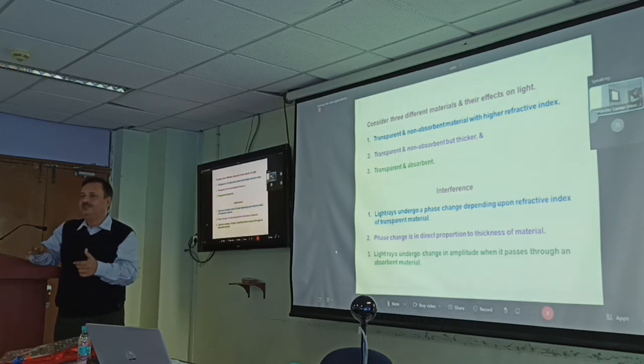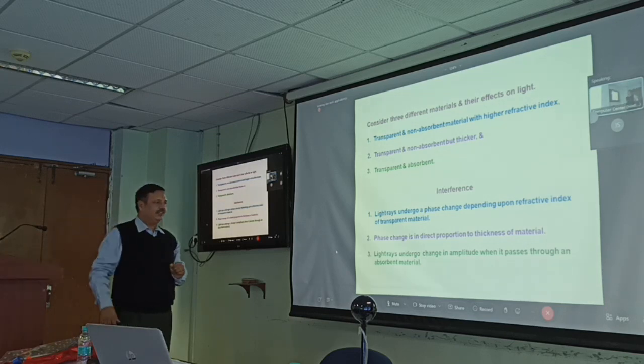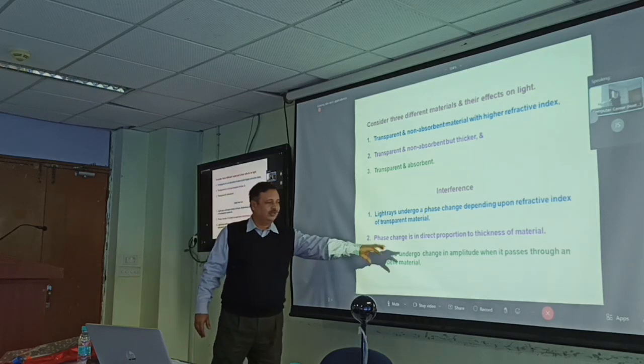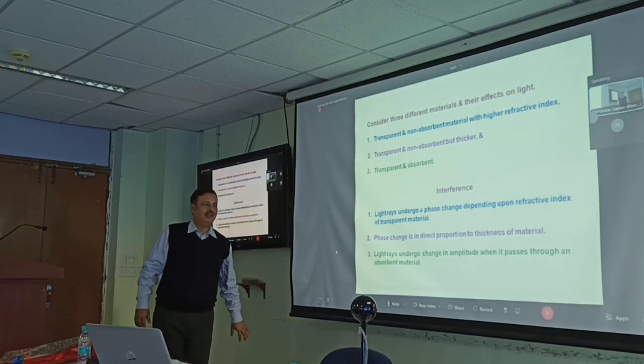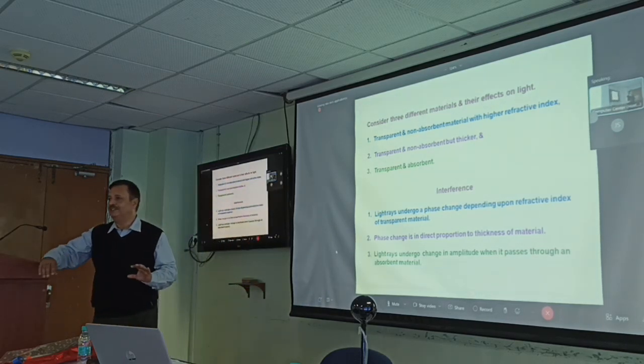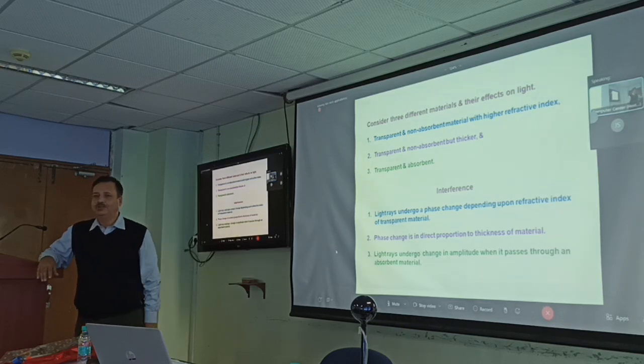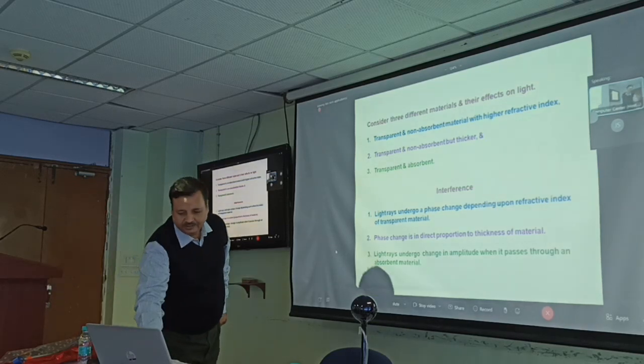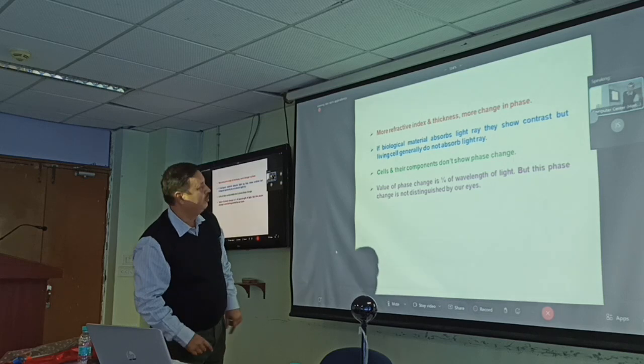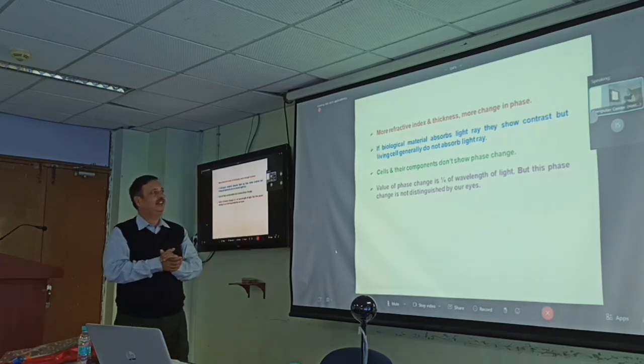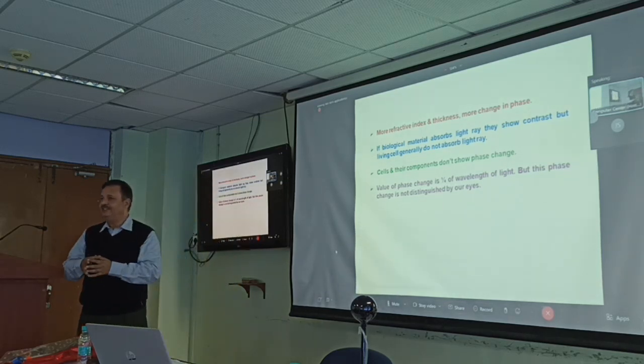Phase difference is defined as 2 pi by lambda into path difference. The third case is that light rays undergo change in amplitude when they pass through an absorbent material. Amplitude will go down. So in case of phase objects, the more the refractive index and thickness, the more the change in phase.